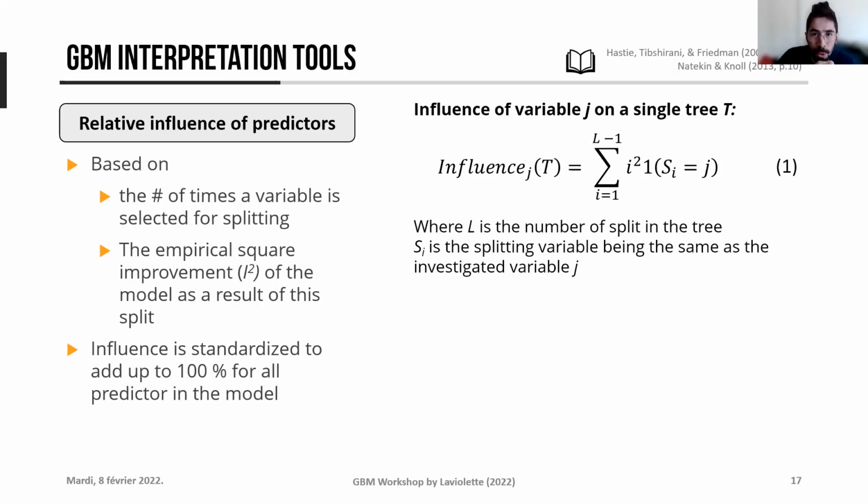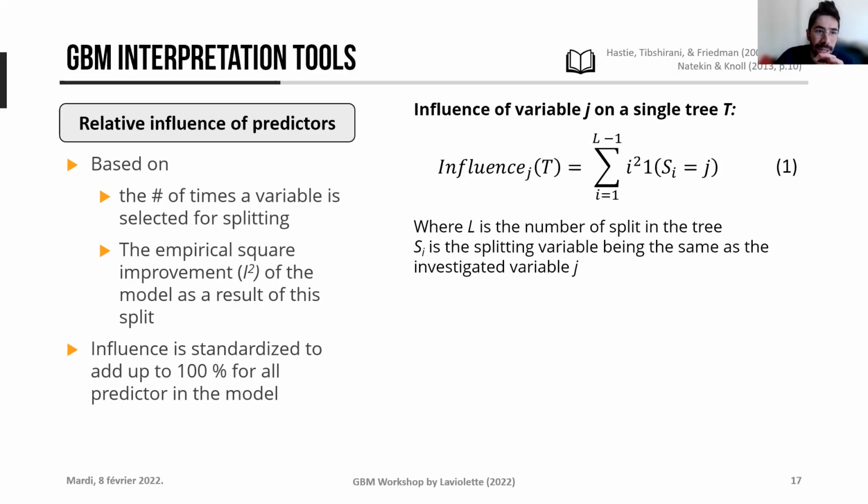So let's say we have a tree with 3 splits, and your variable is used once in your tree. It means that the value here, 1, is going to mean 1 for this variable. And what is the influence?